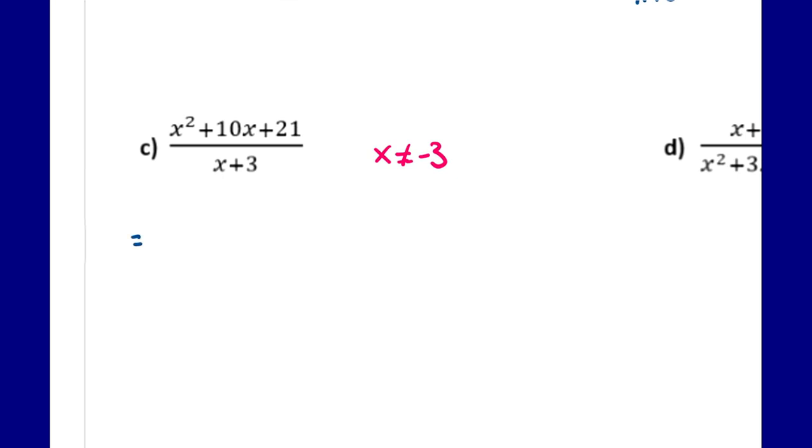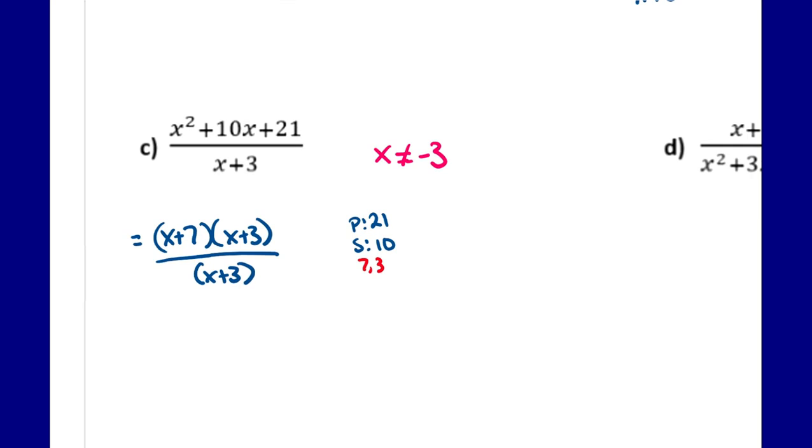However, to simplify the overall expression, I can factor the top. So I'm going to be looking for two numbers that multiply to 21, but add to 10. That would be 7 and 3. So I have x plus 7 times x plus 3, all divided by x plus 3. Oh, I have a factor in the denominator similar to a factor in the numerator.